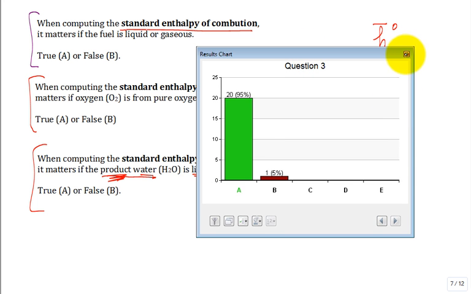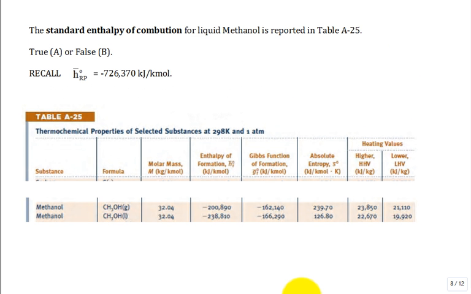Okay. The standard enthalpy of combustion for liquid methanol is reported in table A25. True, it is reported in there, or false, it's not reported in there. The standard enthalpy of combustion for liquid methanol, is it reported in table A25?